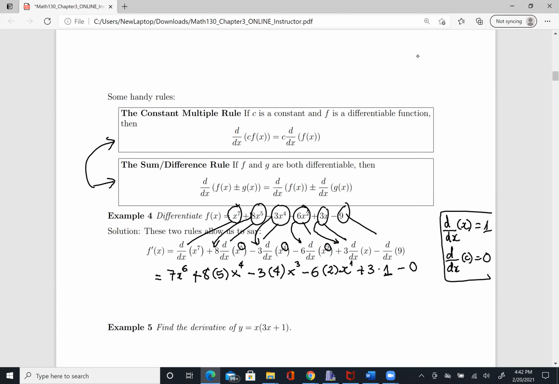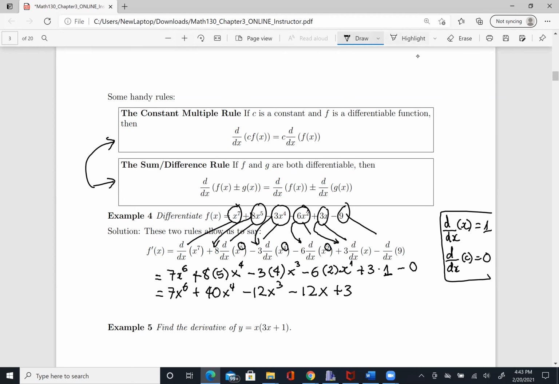So now I have 7x to the power 6 plus 8 times 5, which becomes 40x to the power 4, minus 12x to the power 3, minus 12x, and plus 3. So far so good, and this will be the answer.